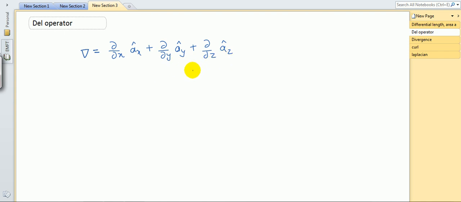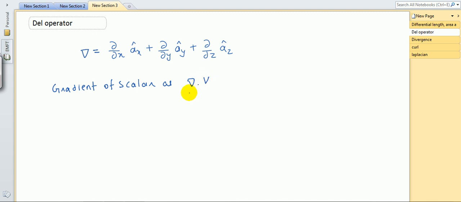It is an operator that operates on a scalar or a vector. If this operator operates on a scalar, then it is known as the gradient of a scalar. So we can define the gradient of a scalar as del V, where V is my scalar quantity.